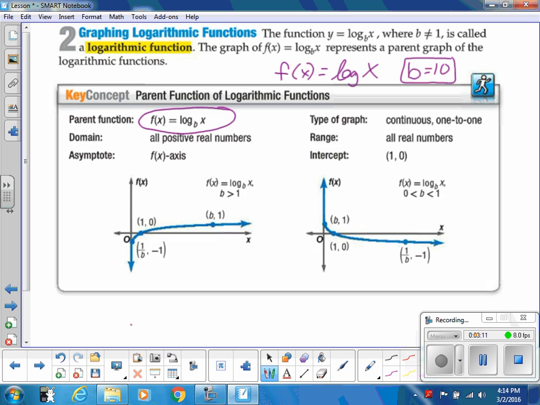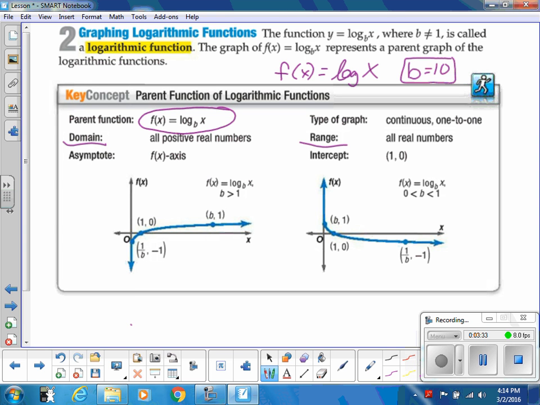So, if we look at all the properties here, remember, these are inverses of exponential. Well, in an exponential, all the domains were all real numbers, and all the ranges were all positive numbers. Well, now they've switched. In a logarithm, the range is now all real numbers, and the domain is going to be all positives.